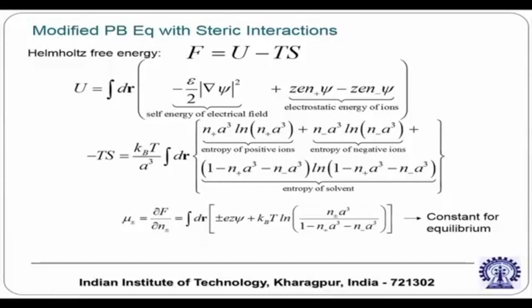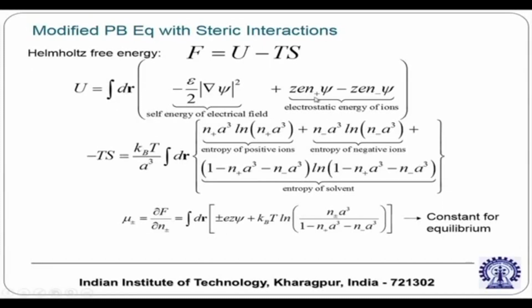I will give you one particular example of how to take into account the finite size of the ions. So we start with the free energy. In the free energy we first write one component, I will explain all these terms: self energy of the electrical field, minus epsilon by 2 grad psi square, then electrostatic energy of the ions.